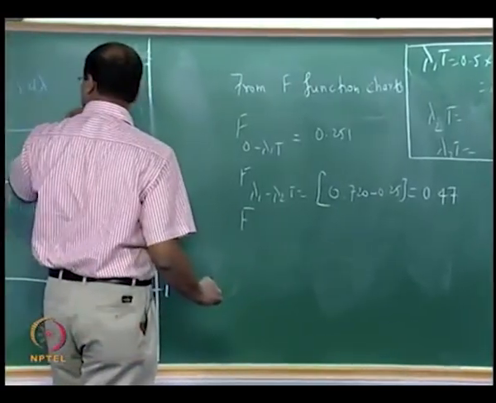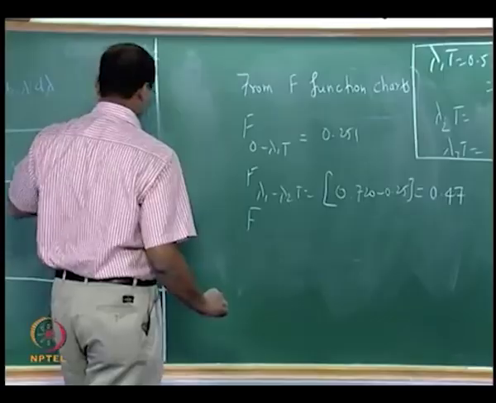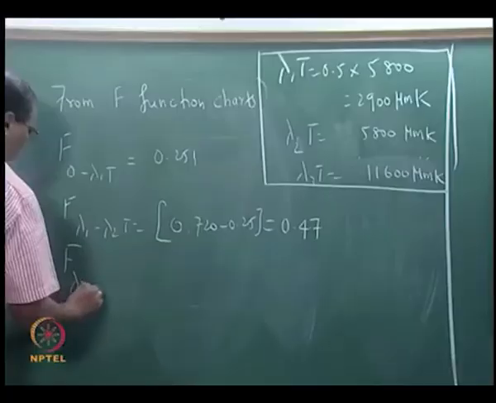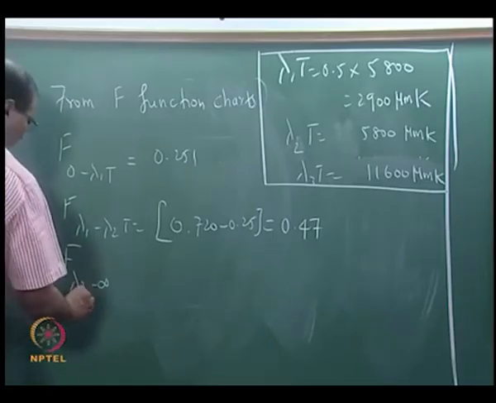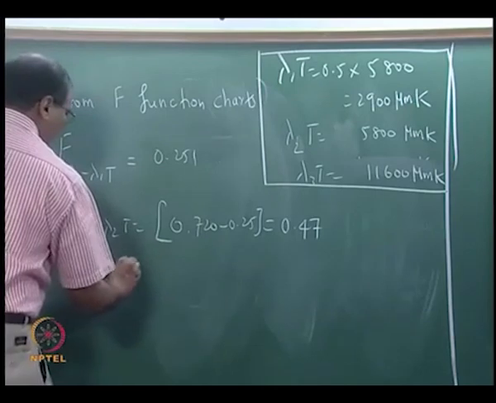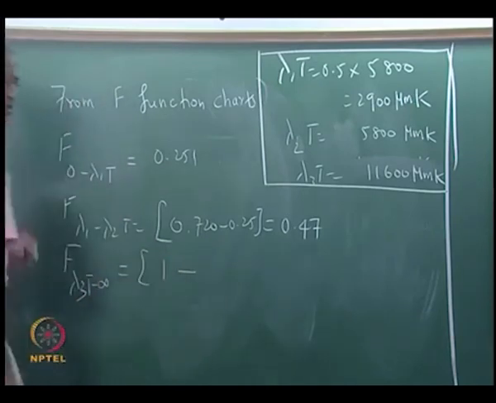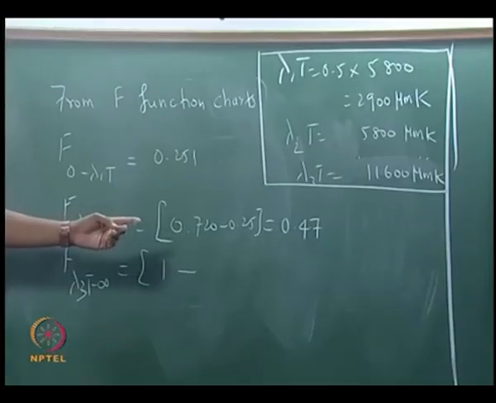F of lambda 2 to infinity, right? Lambda 3 to infinity, yeah? Correct? 1 minus, it is not 0.72, it is 0.93994, okay.